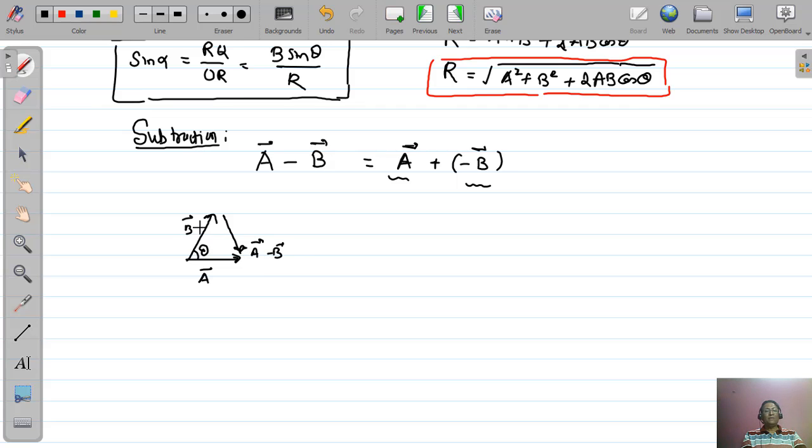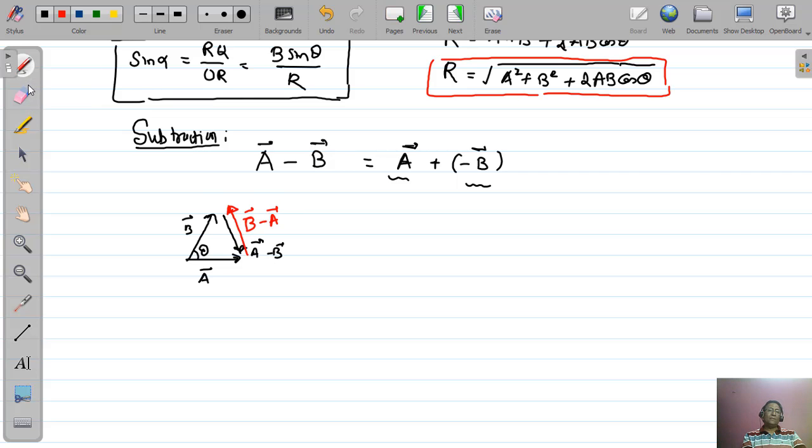If we have to find B minus A, then we have to draw the arrow in this way. This is my B, vector B minus vector A. And A minus B and B minus A are opposite vectors because there is only the negative sign difference.